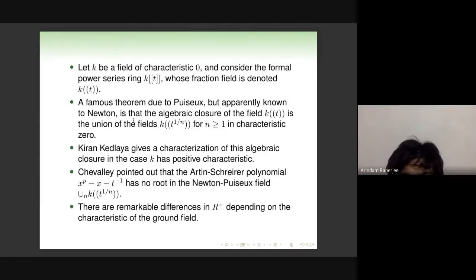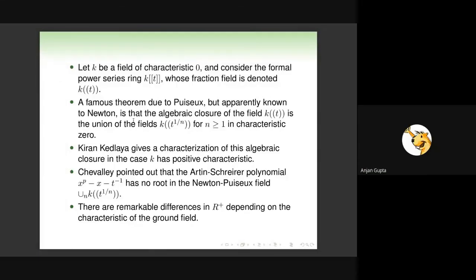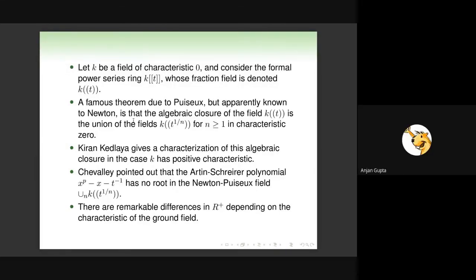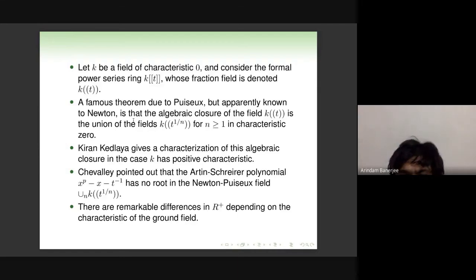Just a simple example. I'm not able to figure out the equation.